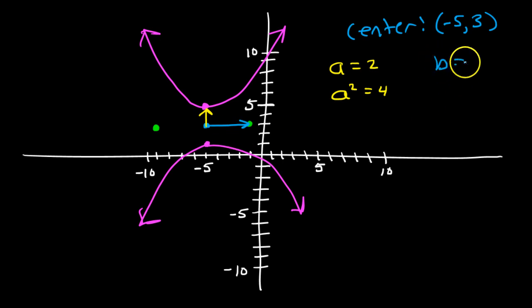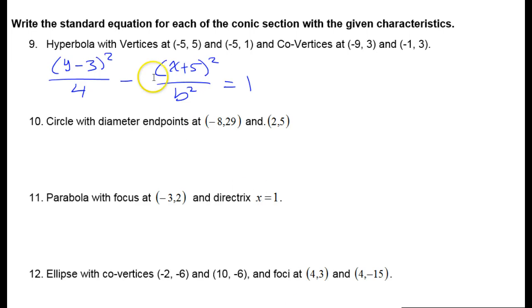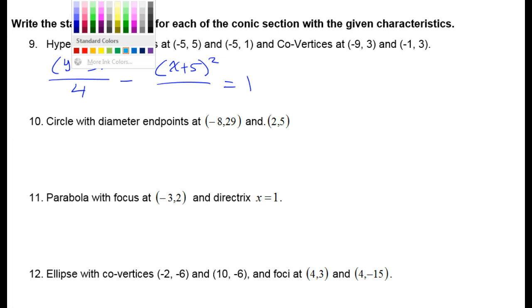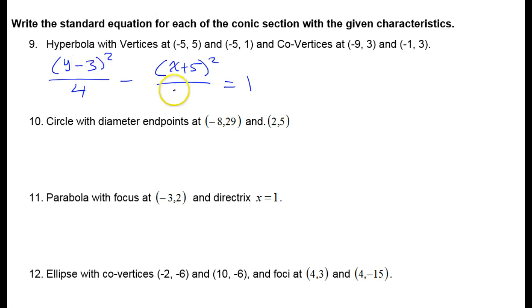So b is 4. Therefore, b squared is 16. And that's it. This is the standard form equation of the hyperbola.